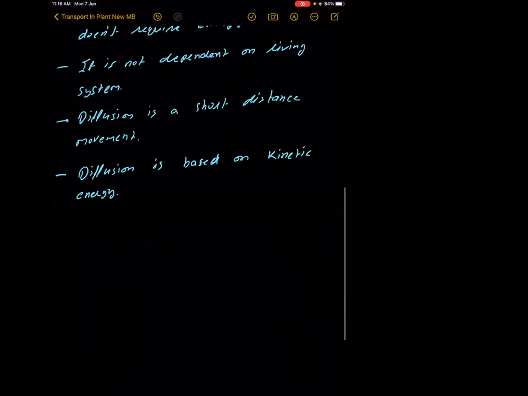Okay, so diffusion is based on kinetic energy, and because of kinetic energy, the molecules move.